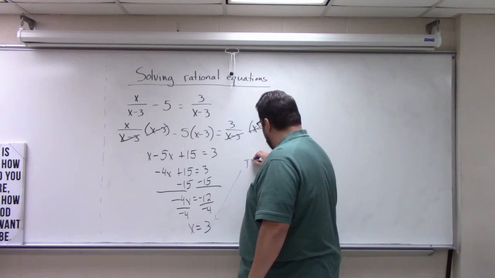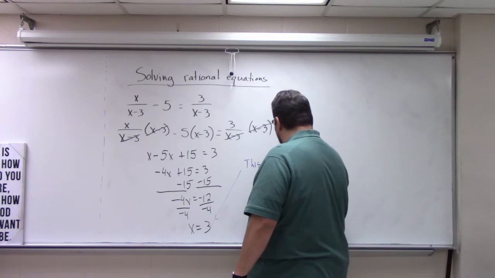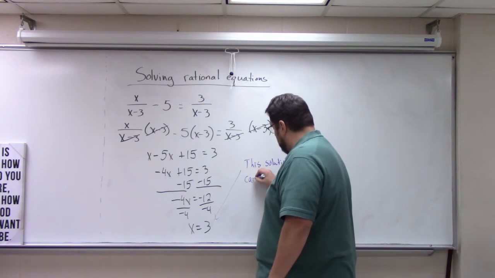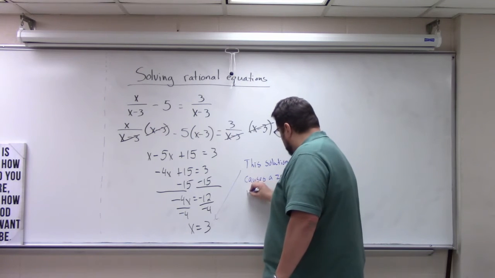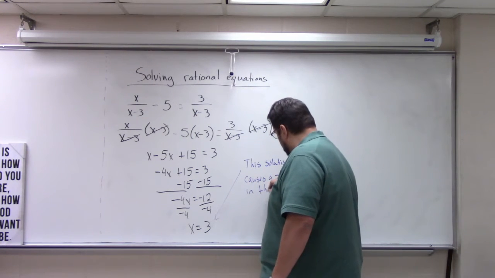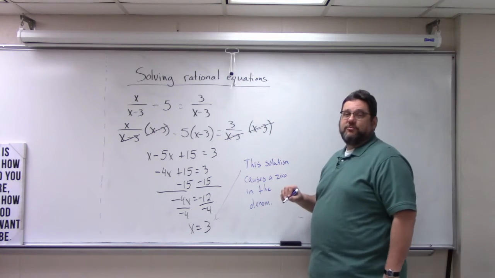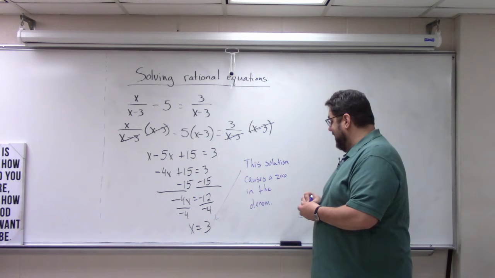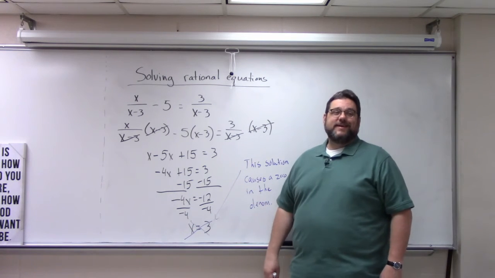All right, so this solution causes a 0 in the denominator. We've always got to check for that in these rational equations. And if that happens, we have to cross it out. We have to throw it out.